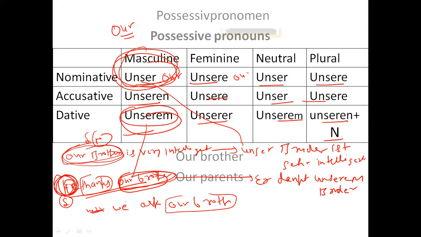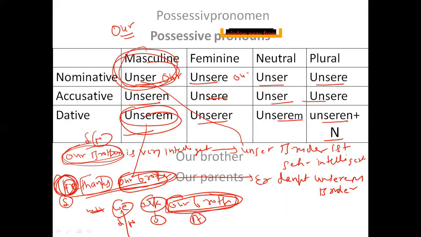Right, and the last says we ask our brother. Who is asking? We are asking. So subject, that means nominative. This is the verb. This is a direct object, right? Hence accusative. I'll be using unseren here. In English it will be the same. In English there is no difference. Our will remain our, whether subject or object.